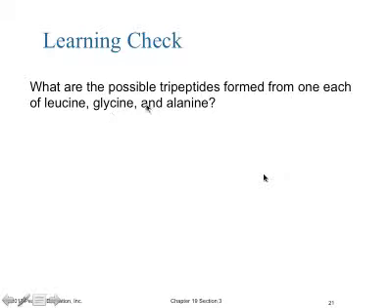This time I have three different amino acids, and I'm going to tell you that it's six. So why don't you give that a try before I either pause the lecture right here or switch to the answer. I'm not going to write it out in my horrible handwriting on this PowerPoint, but you can go ahead and give it a try.